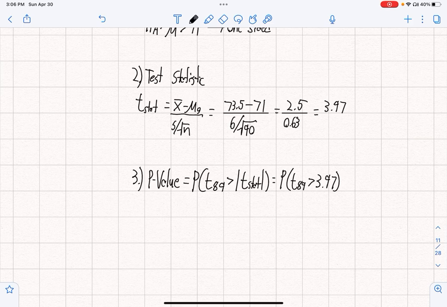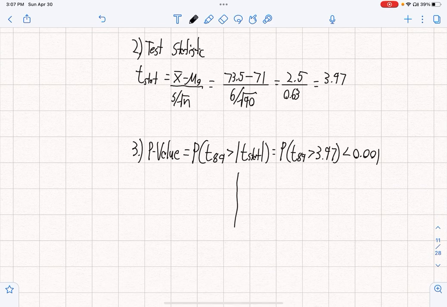With values this big, we're not even going to be able to find these on the table, because a value of 3.97 is so big the table won't include it, which means that whenever you get a value this big, we can just say the p-value is less than 0.001.